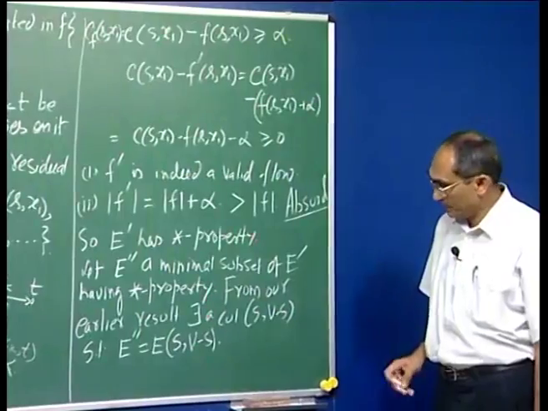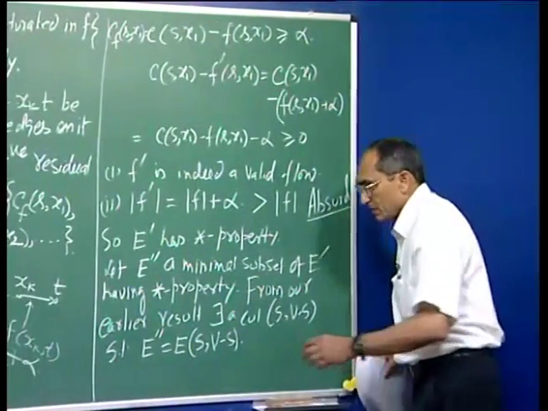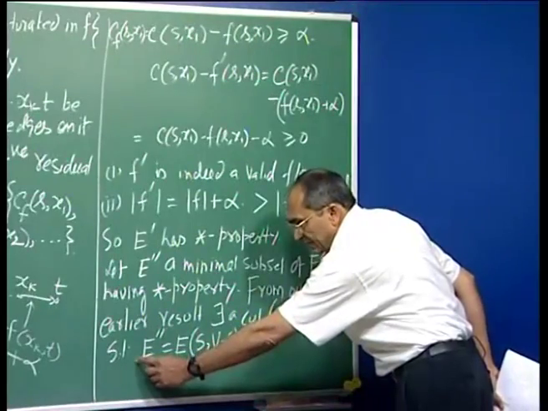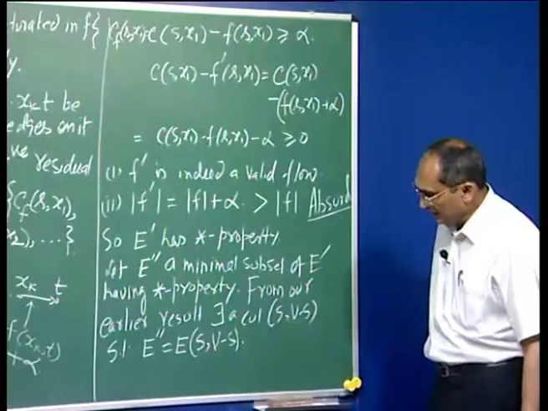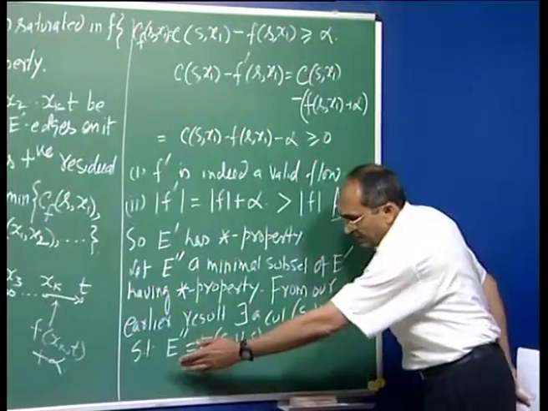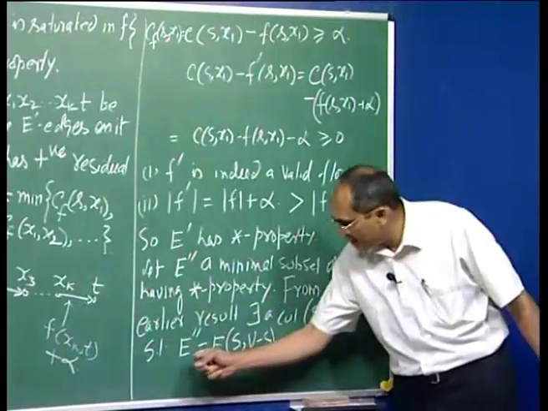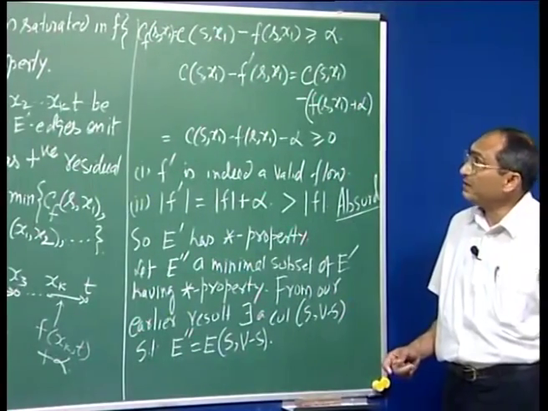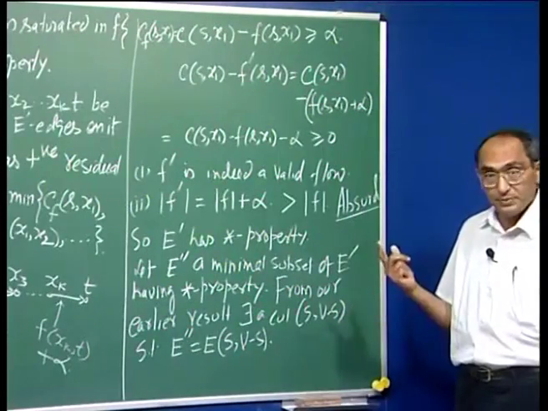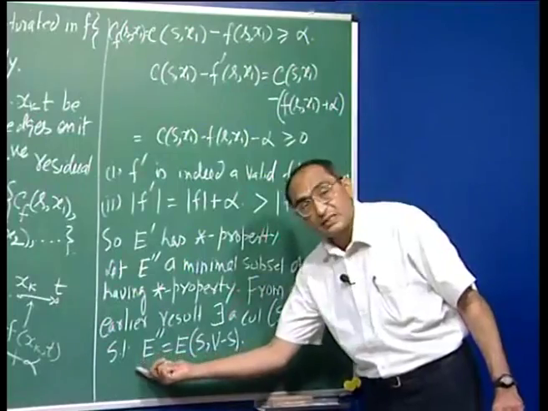Okay. So, now we know a set of edges which is the cut set, which is the edge set of a cut, and what is more is that each edge of E double prime is saturated, because that is how we had constructed E prime, and E double prime is its subset.